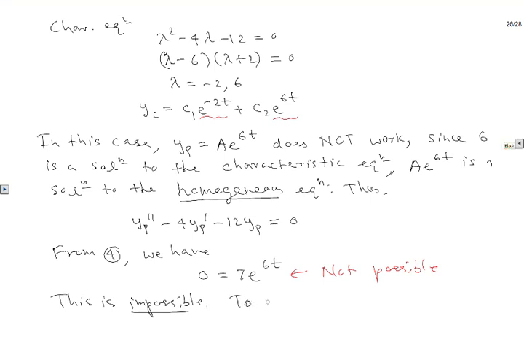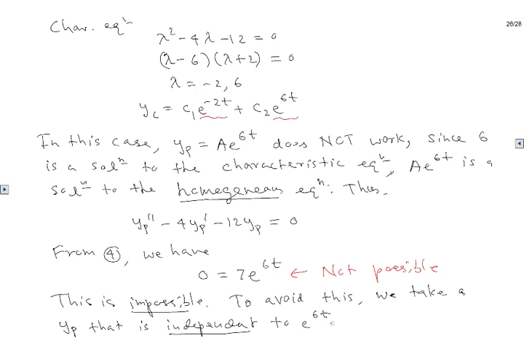To avoid this, we take a yp that is independent of e to the 6t. The easiest way to do this is to multiply by an extra t.